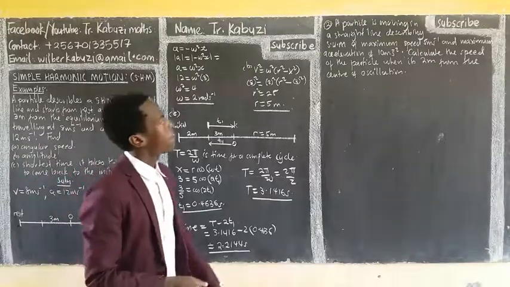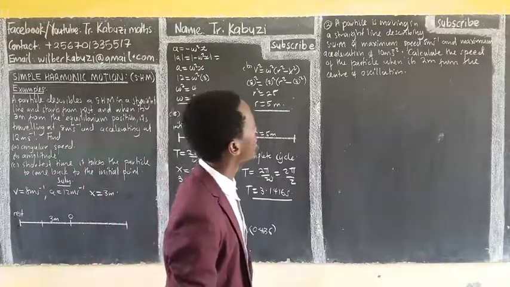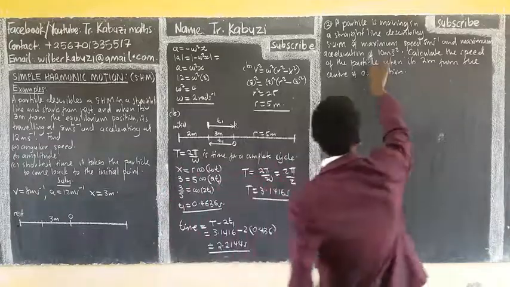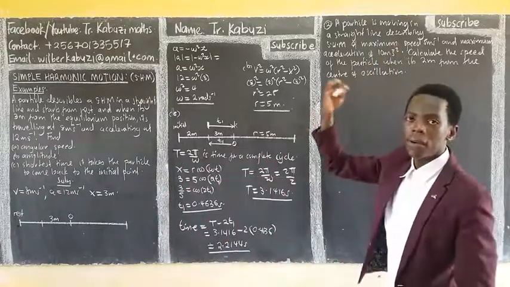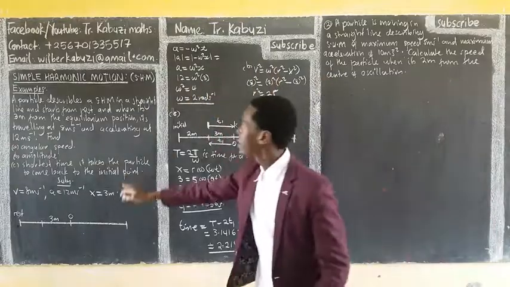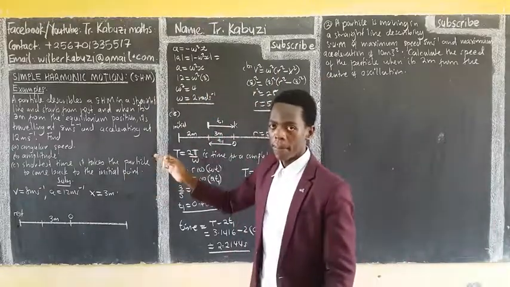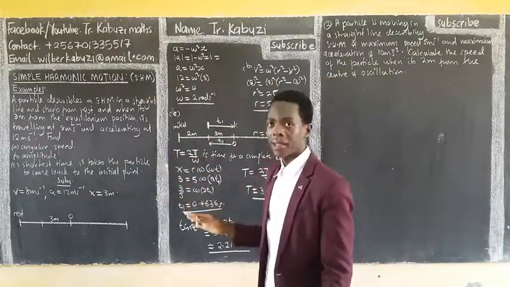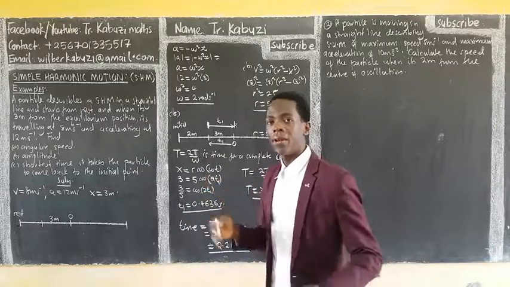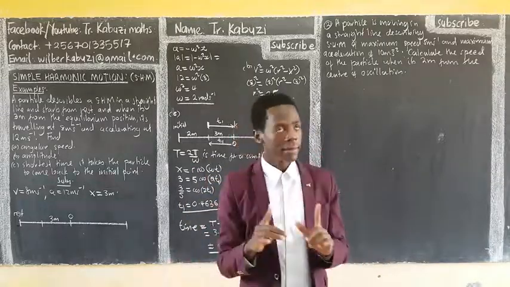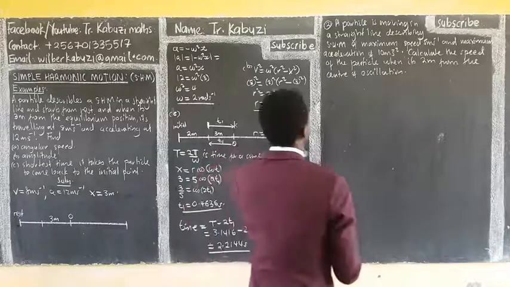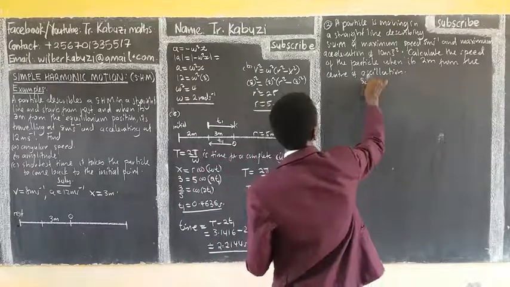Okay, a particle is moving in a straight line described in simple harmonic motion. The moment you hear maximum, use the equation for maximum. If you don't hear maximum, don't use them. So there's a difference between when they're giving you velocity, just acceleration, and when they give you the maximum acceleration. So here they're giving us maximum speed.